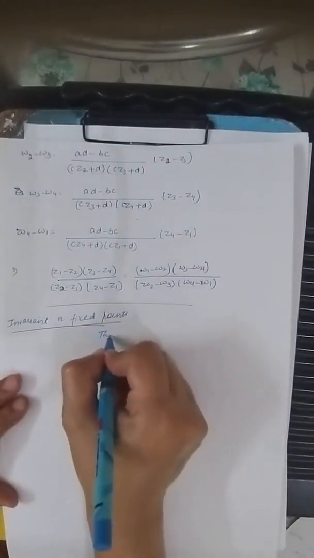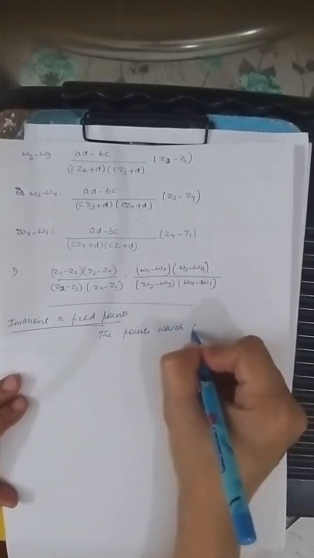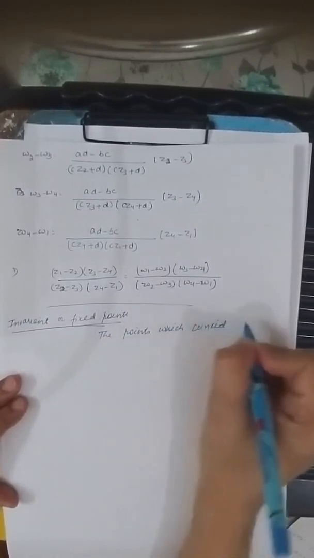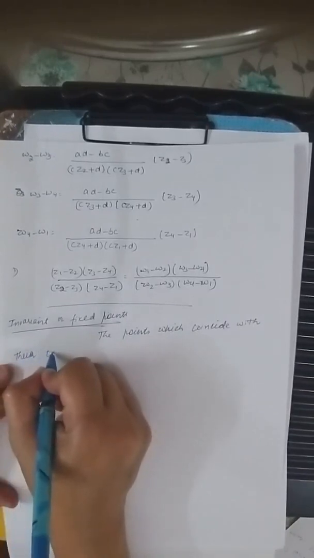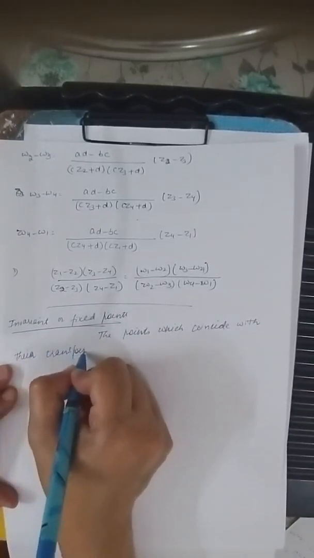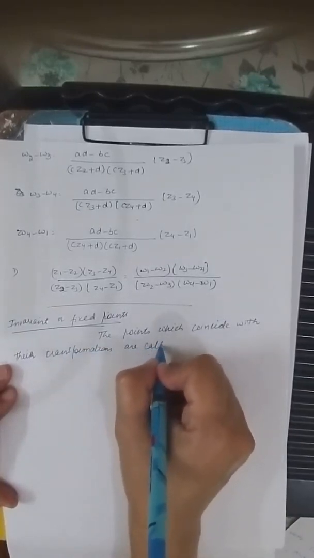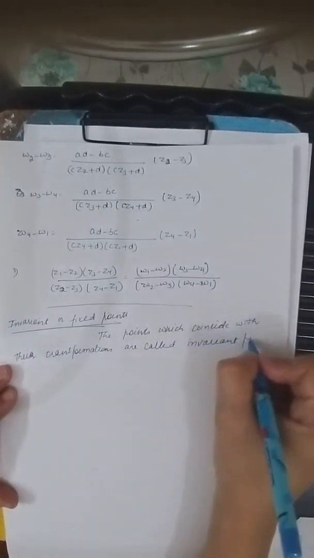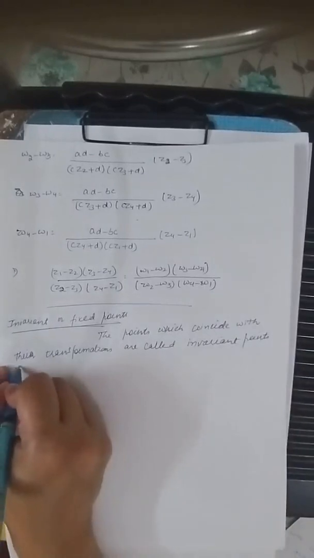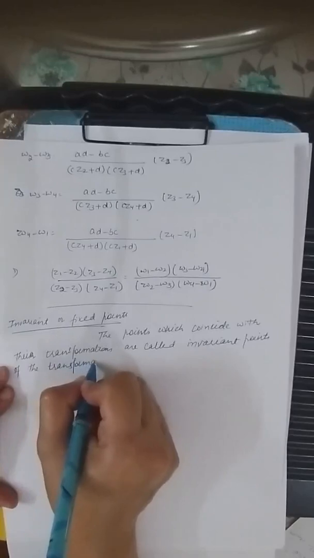The points which coincide with their transformations are called invariant points of the transformation.